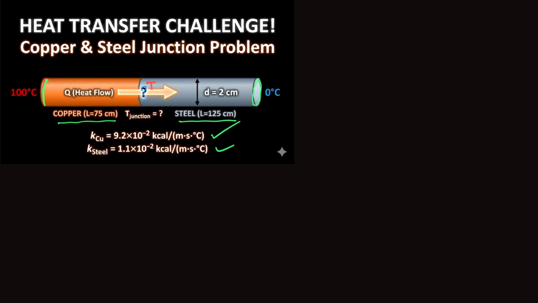Now if I find out dq1 by dt, so dq1 divided by dt, that should be equal to K copper into area of copper, into 100 minus T divided by length of copper, that is 75 centimeter, let it be 0.75 meter.